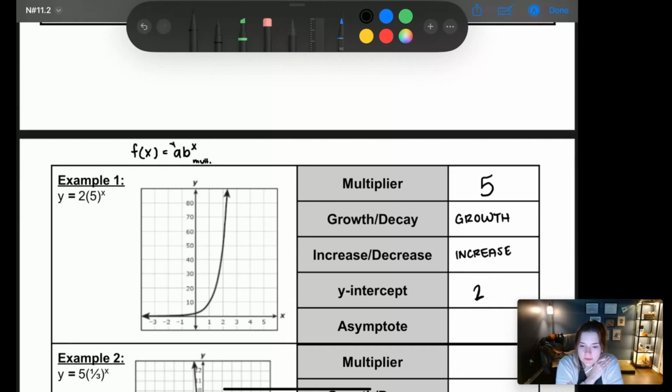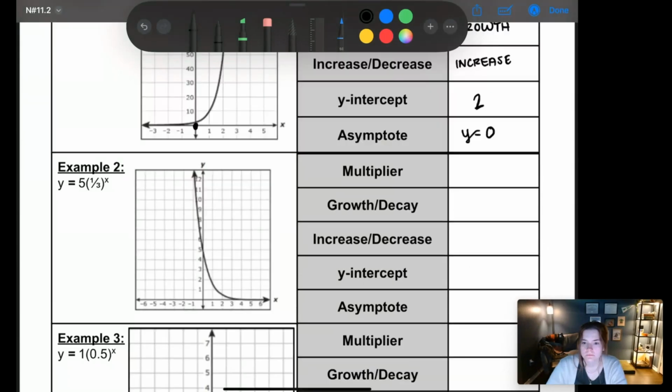It's always the horizontal line. Well, remember, what would be at that horizontal line? Right here. It is the x-axis, but we're not going to say the x-axis. We're going to say y equals, what would that be right there? 0. Okay. Now let's look at the next example, and then you're going to do 2 on your own.